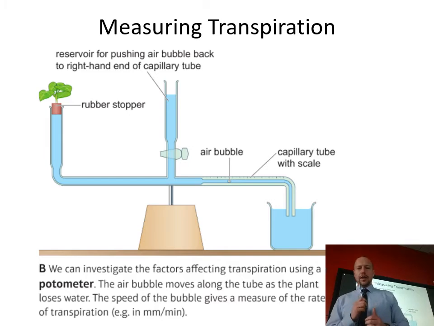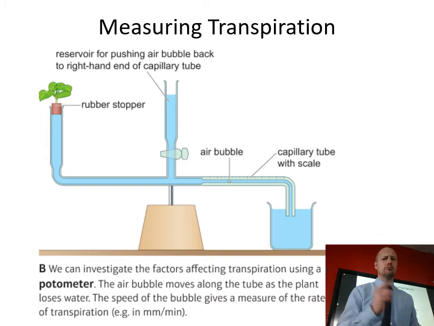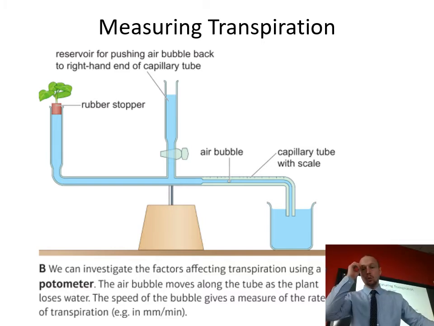Right, one more thing about transpiration is how we measure it. So we could do an experiment in the lab to show that this is a thing and to measure the rate of it. Different things affect how fast this is happening. If you have lots of warm, dry air, that's going to evaporate water quicker, so transpiration would happen faster.